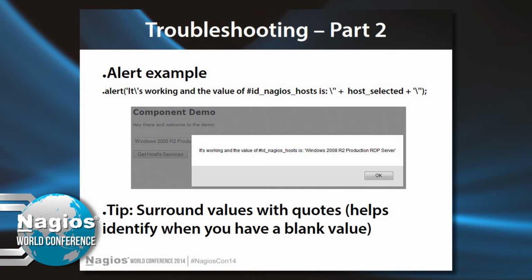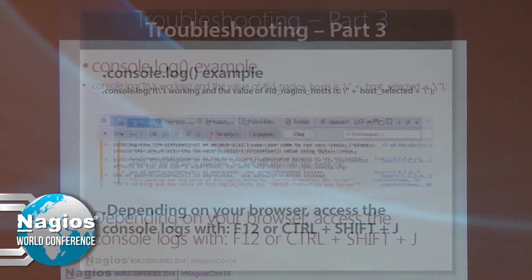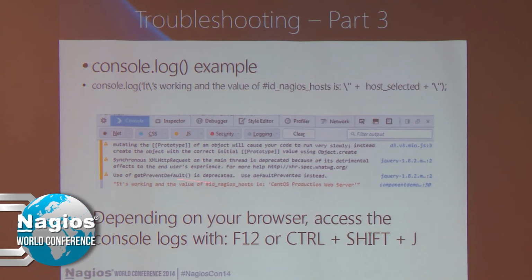But the whole point here is what I explained. You know where it is up to in the code. Console.log works in a similar way, but when you inspect an element or you open the console of your browser, then you can get in and get more information about what's going on, and that's this line here. I've only recently discovered this, well, people have told me, so I've been doing it the hard way for a long time.